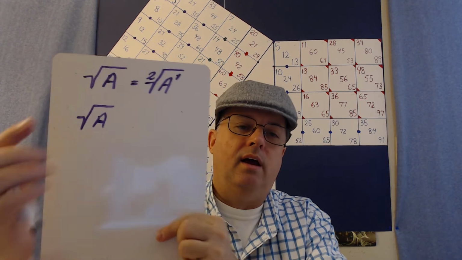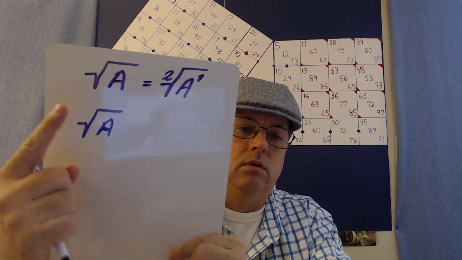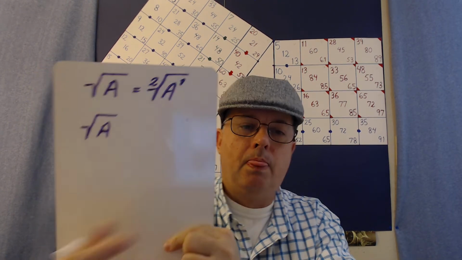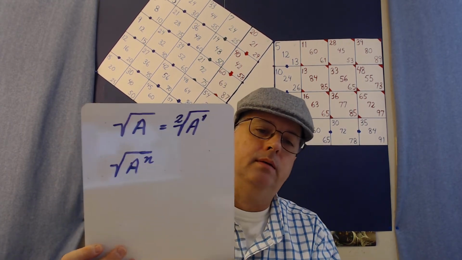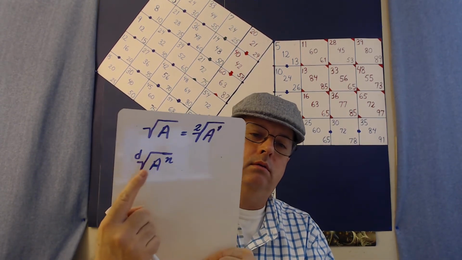We don't have to have the second root and say this is a square root and the first power here. We could say that this is a to the n. This is our power here, n. And then we could say d is the root, and sometimes we call it the index.